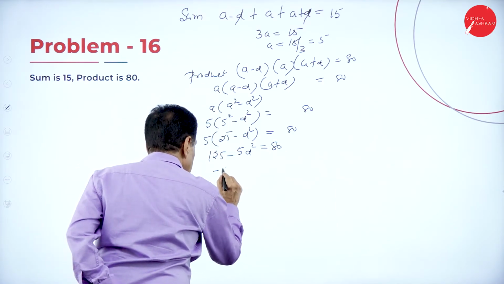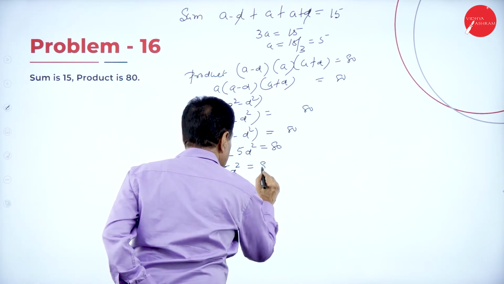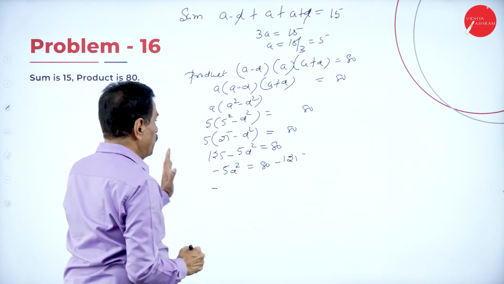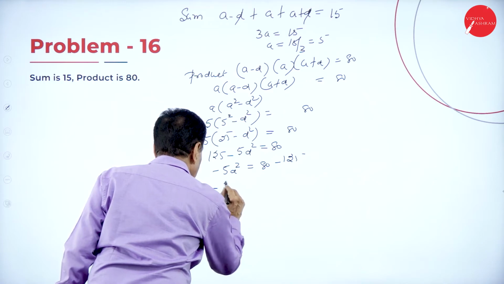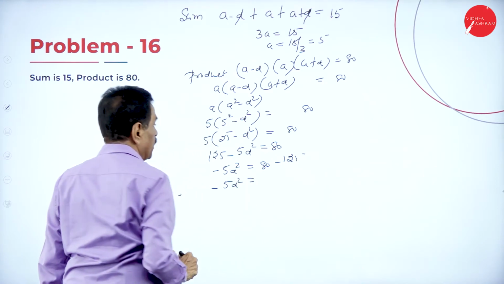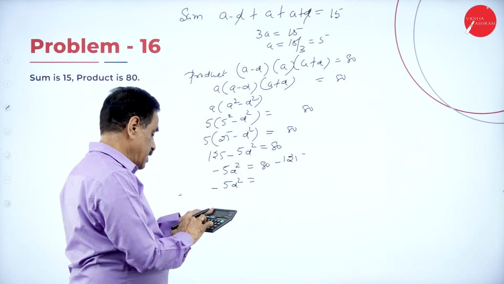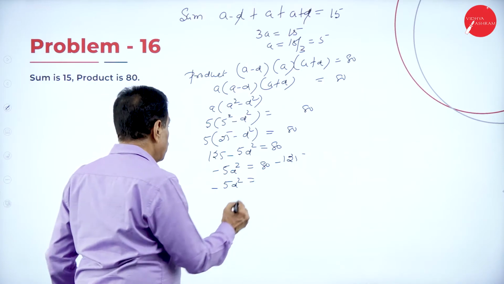Minus 5D square is 80 minus 125. If the plus 125 comes that side, it becomes minus 125. Minus 5D square is 80 minus 125, which is minus 45.